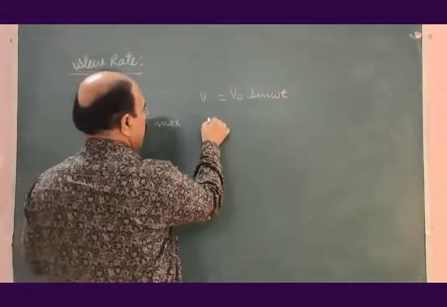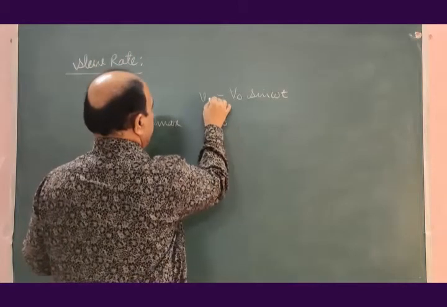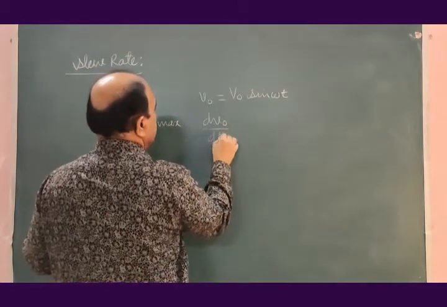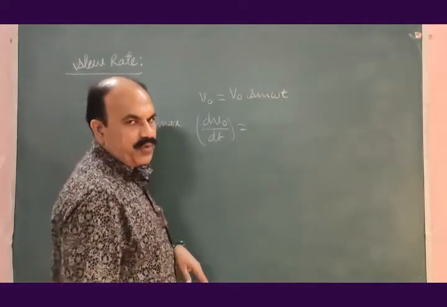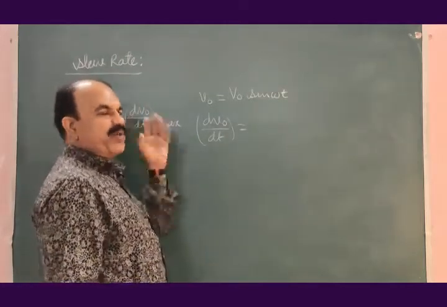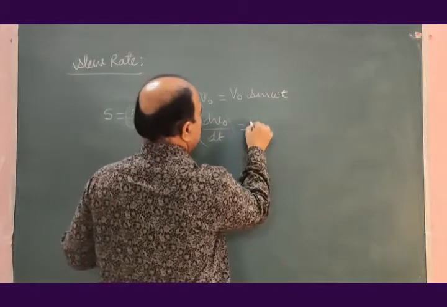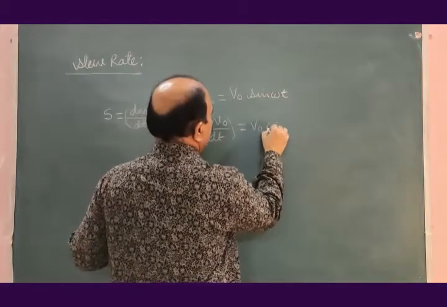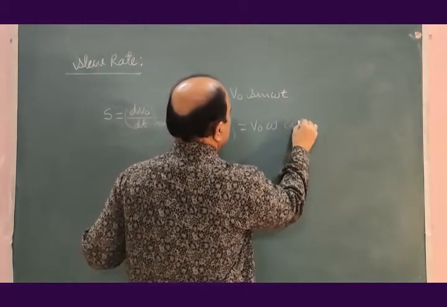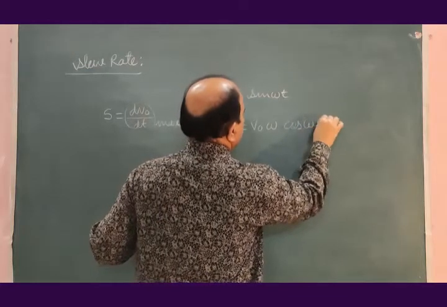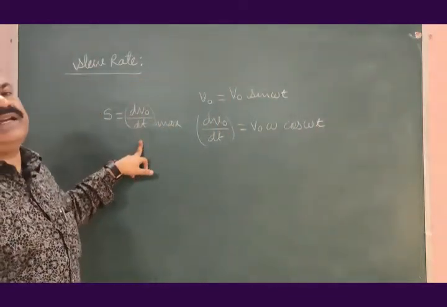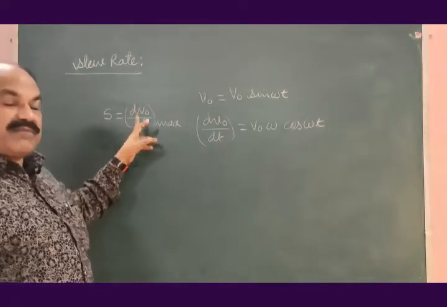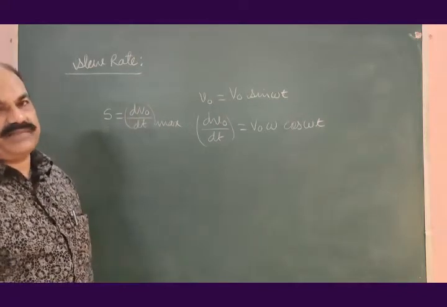Then dVo by dt, rate of change of the output voltage, will be Vo omega cos omega t. But S is not only dVo by dt. S is maximum of dVo by dt.